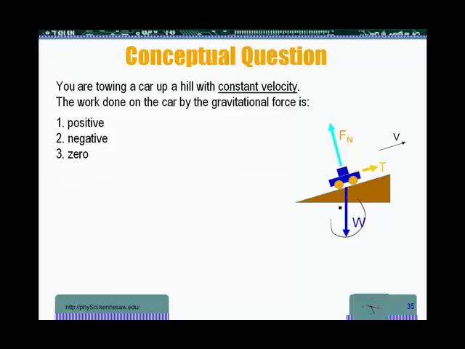The gravitational force along the vertical has some of it along the incline and some of it perpendicular to the incline. It is acting both ways. Now the part that is parallel to the incline, as you notice here, is pointing opposite to the direction of motion of the cart. Because it is opposite to the direction of motion of the cart, we know that the work is going to be negative there.